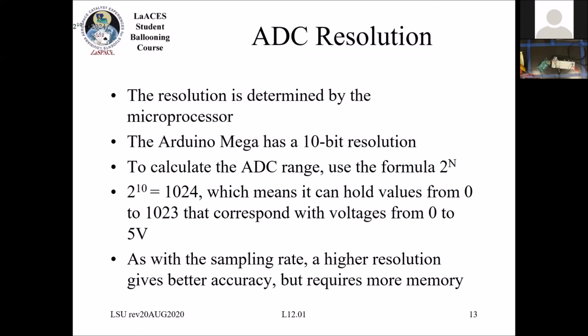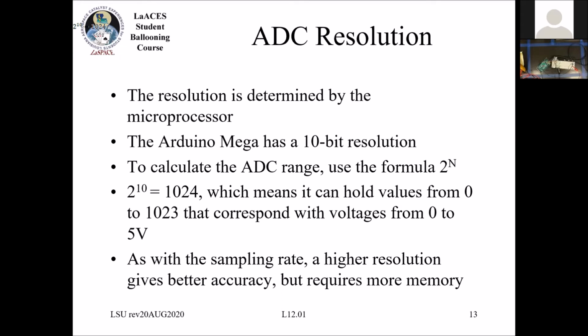So if you look at 2 to the 10, that means there's 1,024 possible values. So I can get every integer number from 0 to 1,023. And basically, each one of those numbers is going to correspond to a voltage between 0 and 5 volts.